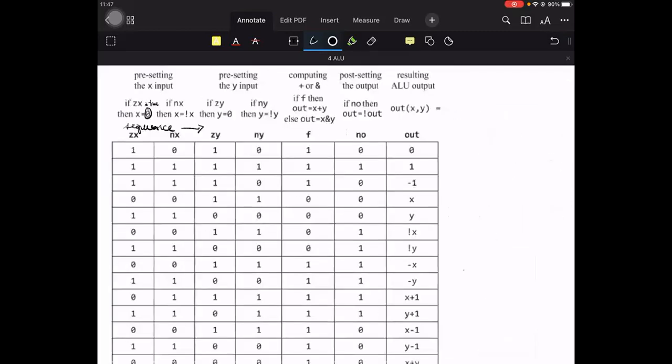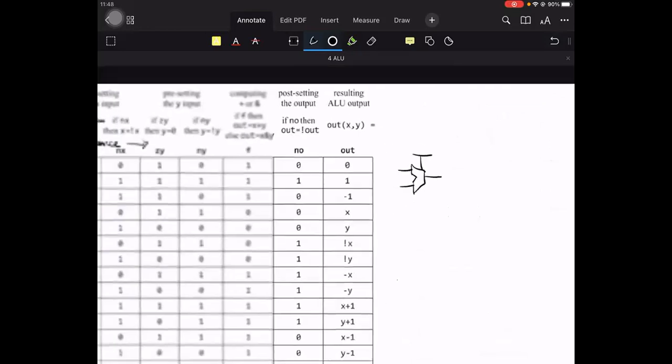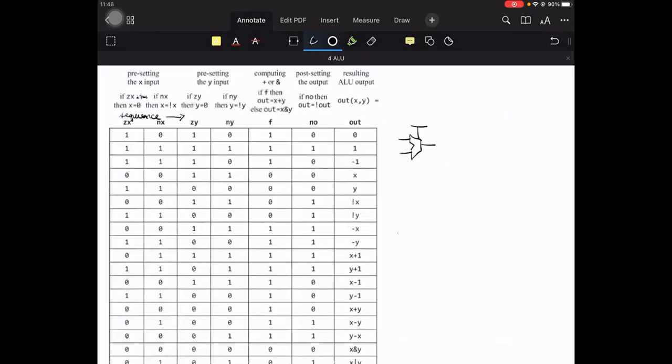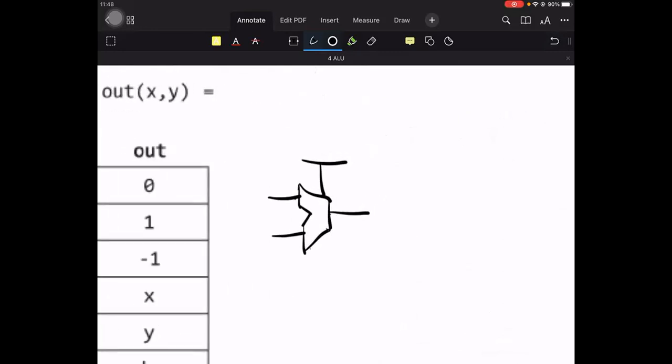So for example, in this ALU, only ZX is 1, so the opcode is 1, 0, 0, 0, 0, 0.